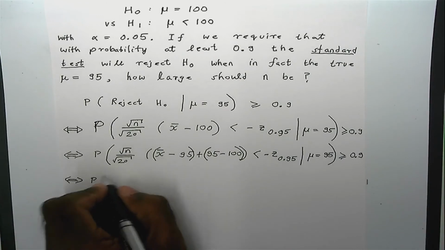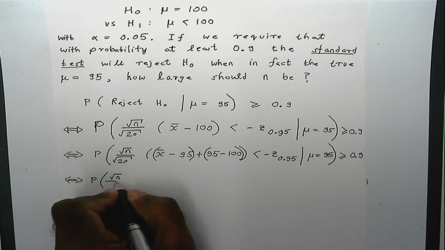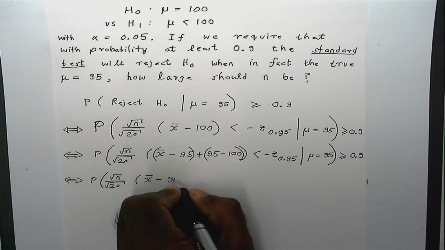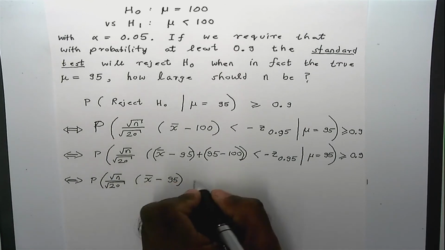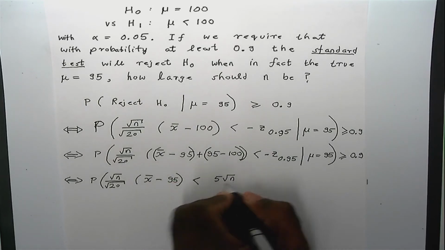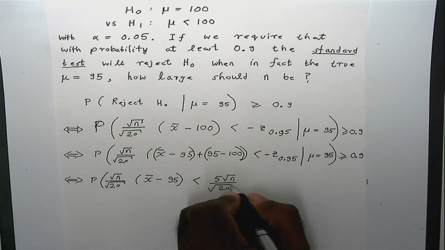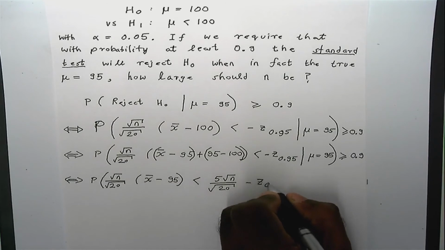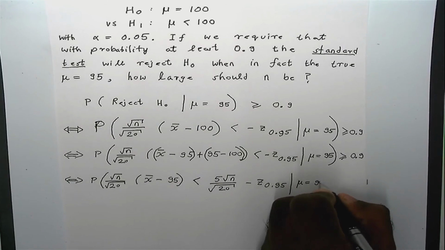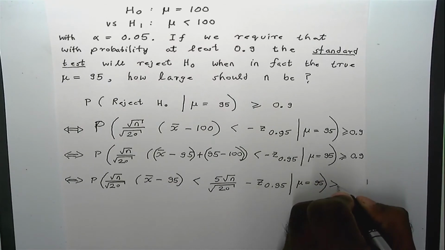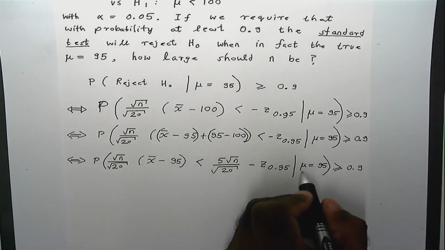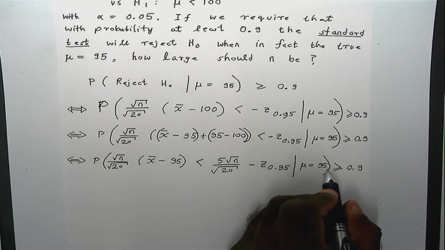The probability that... right? Okay, now conditional on the true population mean equal to 95.